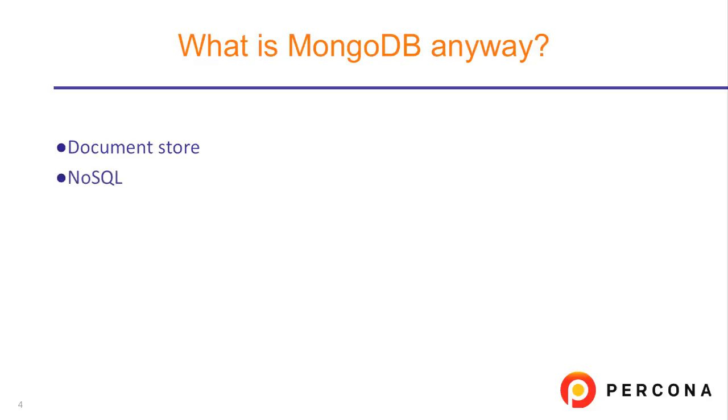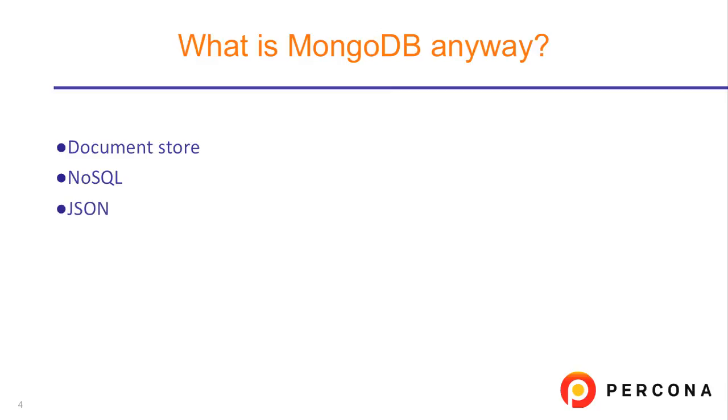No SQL, right? MySQL obviously is SQL level. MongoDB doesn't have that. MongoDB uses its own JSON or JavaScript, I would say, notation to get the rows or documents.